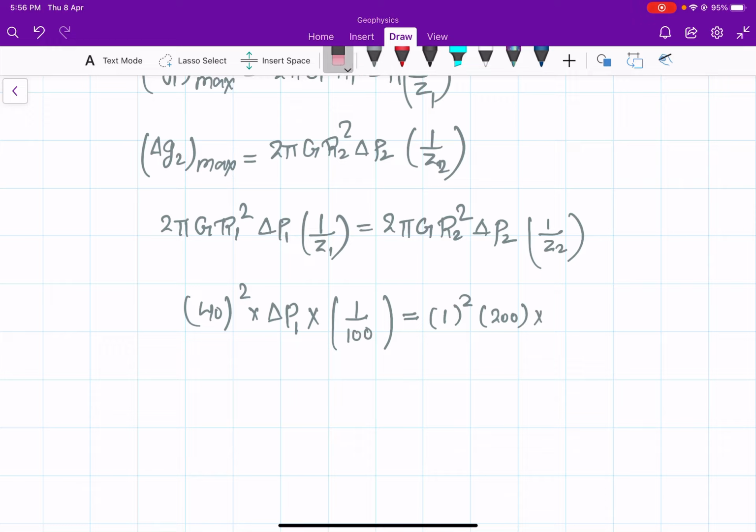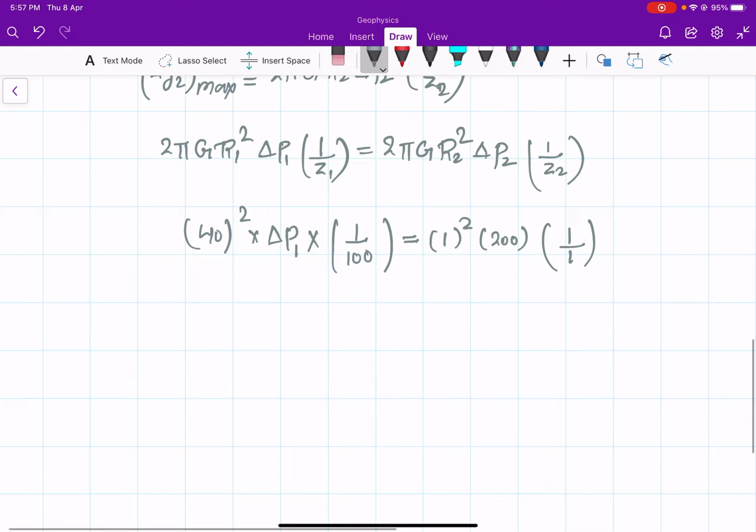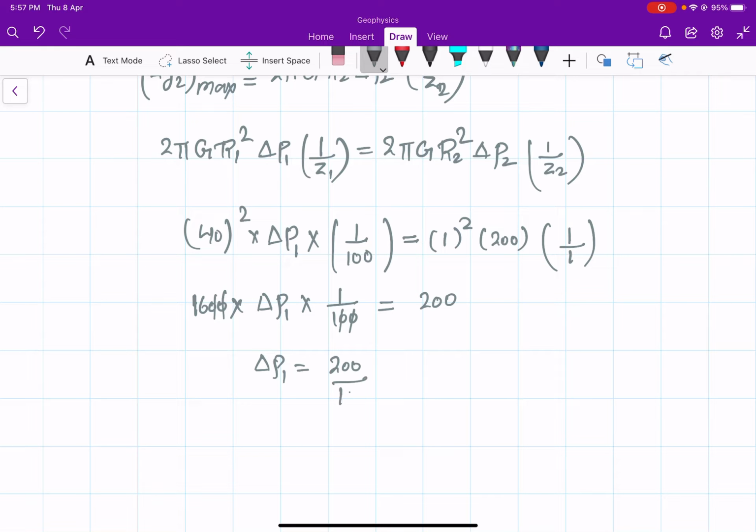After simplifying, this is 1600 into del rho 1 into 1 over 100, which equals 200, or del rho 1 equals 200 over 16, that is 12.5.